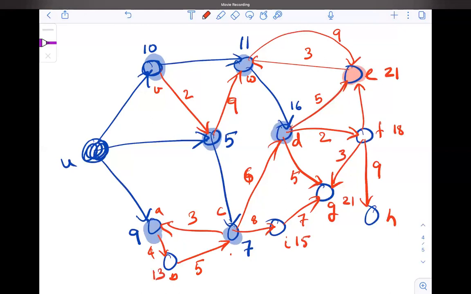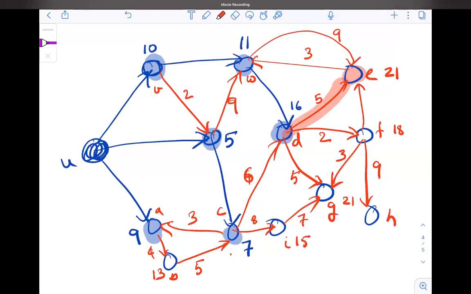At this point, the idea is that I know that to reach E, the shortest path is 21. Now, should I take this path? Should I fix this path? Should I say that, oh, therefore 21, and so let me take this path? Is this the right thing to do?